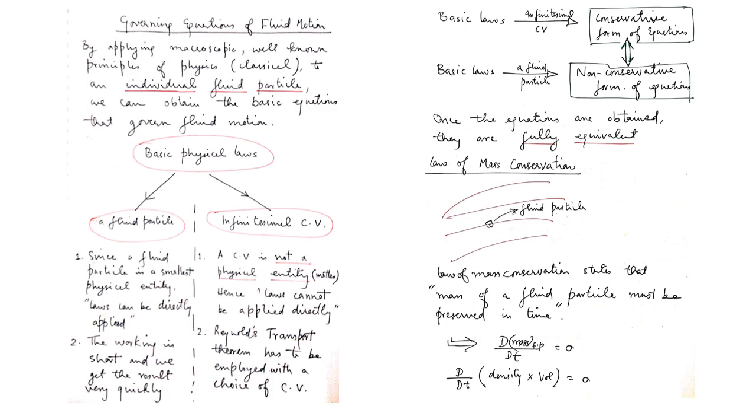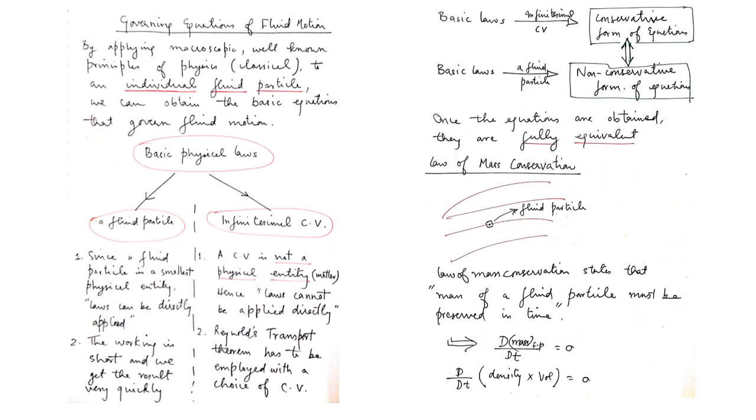So how can we proceed? I can just consider a fluid particle in the flow domain, and what does law of mass conservation state? It says that mass of the fluid particle must be preserved in time. This is a very simple statement. So as the particle moves, and you now know very well that the particle will deform, it will move, it can rotate.